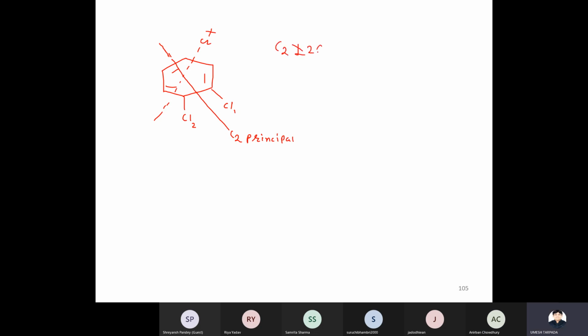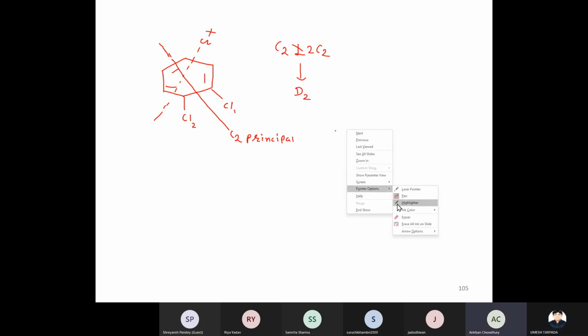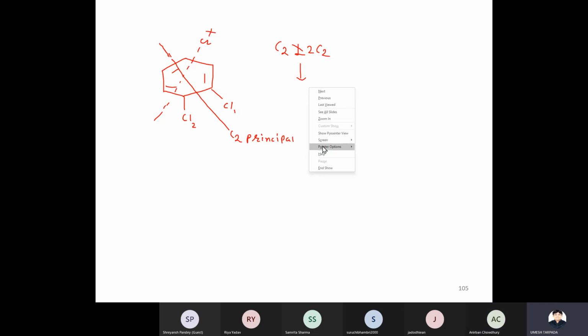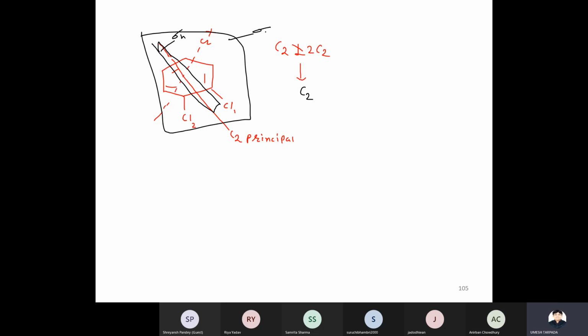It is not perpendicular to two other C2, and therefore the symbol used is C2. Yes, and you cannot have a sigma h, but sigma v is there. The sigma also passes through the middle. This is one sigma v, and another one is the plane of your molecule. This is also sigma v. You cannot have a sigma h, and therefore the point group becomes C2v.